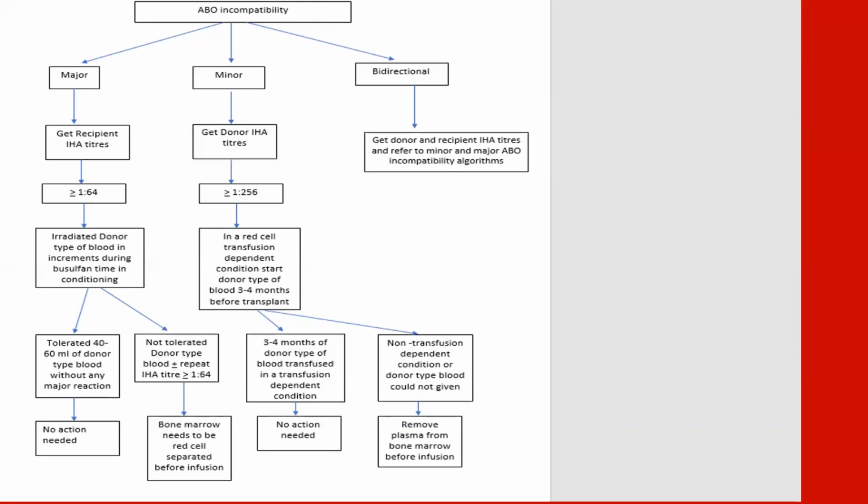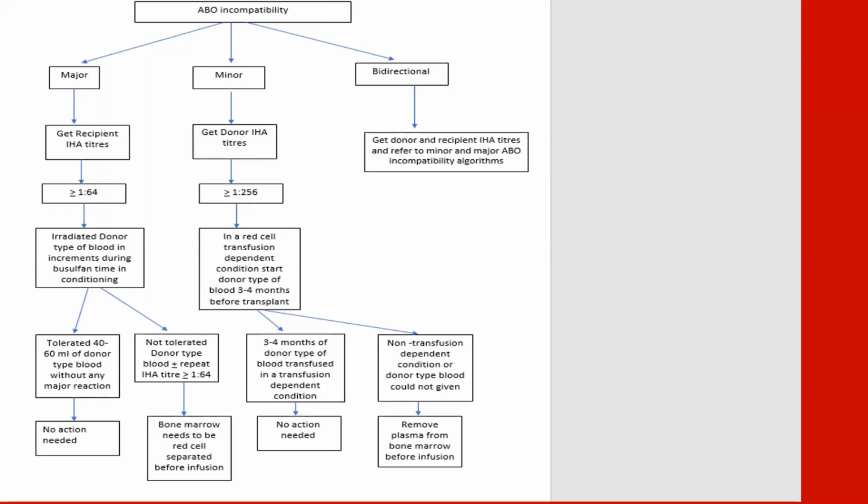If the titer is more than or equal to 1:64, then irradiated donor type blood is transfused during busulfan conditioning. If the patient tolerates 40 to 60 ml of donor type blood without any major reaction, then no action is needed. But when not tolerated and the IHA titer is greater than or equal to 1:64, then the bone marrow needs to be red cell separated before infusion.